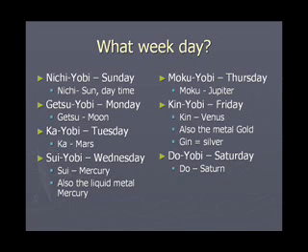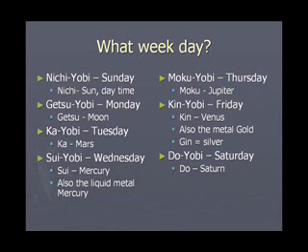Nichi, which occurs in Nichi-yobi, stands for sun as well as daytime. Getsu stands for moon. Ka is for Mars. Sui is the name of the planet Mercury and also the liquid metal Mercury. Moku is the name of planet Jupiter.